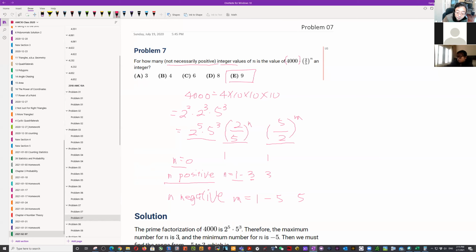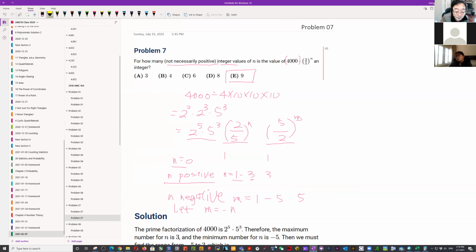Then for n negative, we actually have to reverse the multiplier into this format, and we let m equal to negative n. Then m can go from 1 to 5, because if 2 is on the denominator, m can go as high as 5 to still have the whole expression as an integer.